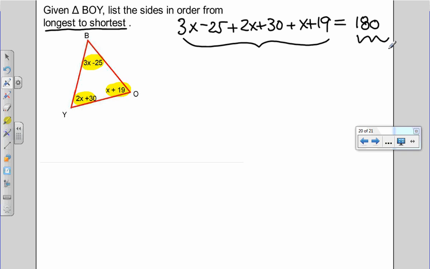Since this is a rather complicated one, I'd rather you get it correct, so if you're going to solve it by hand, be careful. The most efficient way is going to be plugging into your calculator y1 and y2. But you can do it by hand, that's fine. So take a second, figure out what x is, because we need x in order to figure out what everything else is.